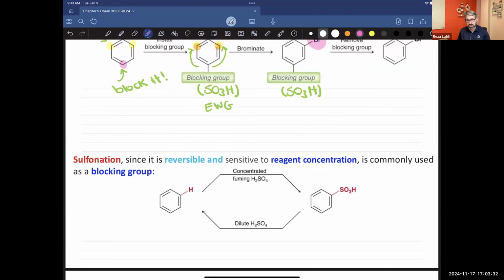So whenever you put SO3H on the ring with a high concentration of sulfuric acid, you can remove it if you introduce the product to a low concentration of the same acid. Just simply dilute the solution, sorry, the reaction will go back. Okay, again, why? Because I have a reversible reaction.